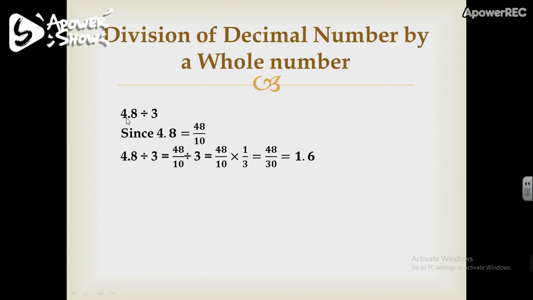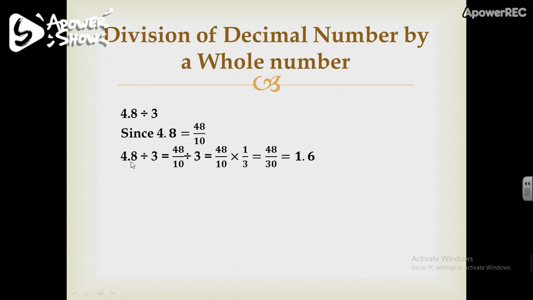I am dividing 4.8 by 3. Now express this decimal number as a fraction. So 4.8 equals 48 by 10. Now 4.8 divided by 3 is equivalent to 48 by 10 divided by 3, because 4.8 can be expressed as 48 by 10 and 48 by 10 can be expressed as 4.8.